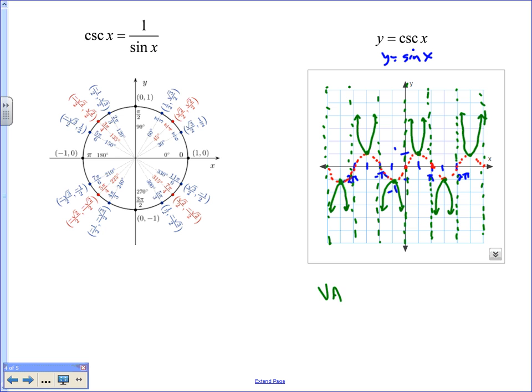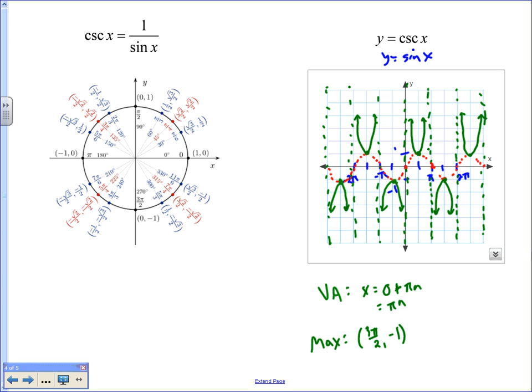Our vertical asymptotes would be at, well, it starts at 0, there's 1, and then it happens every pi after that. So we could say 0 plus pi n, or we could just say pi n. Our maximums happen at, well, one of them is between pi and 2 pi, which is 3 pi over 2. So it's the point 3 pi over 2 comma negative 1.